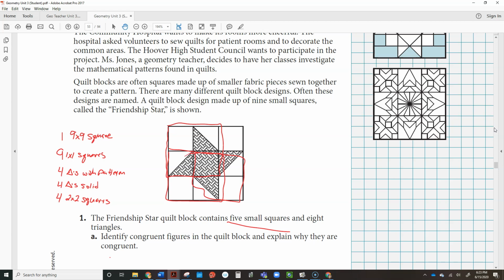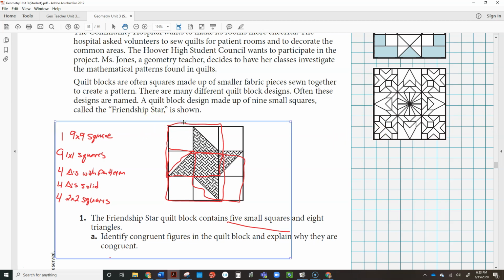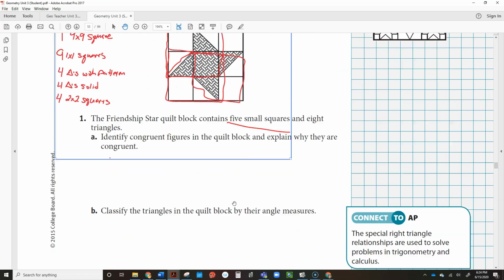Because they drew one diagonal, and that diagonal is like a line of symmetry, which means that the triangle on this side is congruent to the triangle on that side. So if that's the line of symmetry, then the triangles are congruent. Classify the triangles in the quilt block by their angle measures.